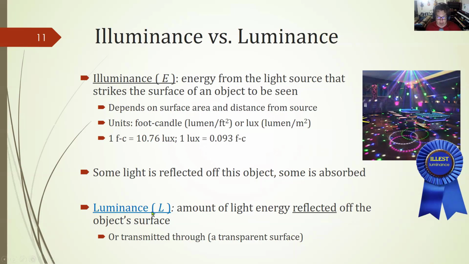So literally right now, as I look at this screen in front of me, the light is transmitted through a mostly transparent protective surface, right? So however much light is available for the eye, that's a great way to think of luminance. It's whatever is not absorbed by the object or the intervening medium.